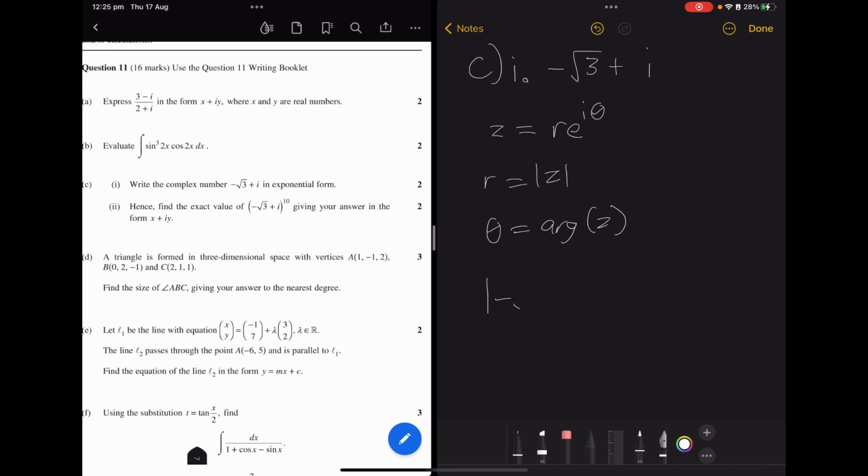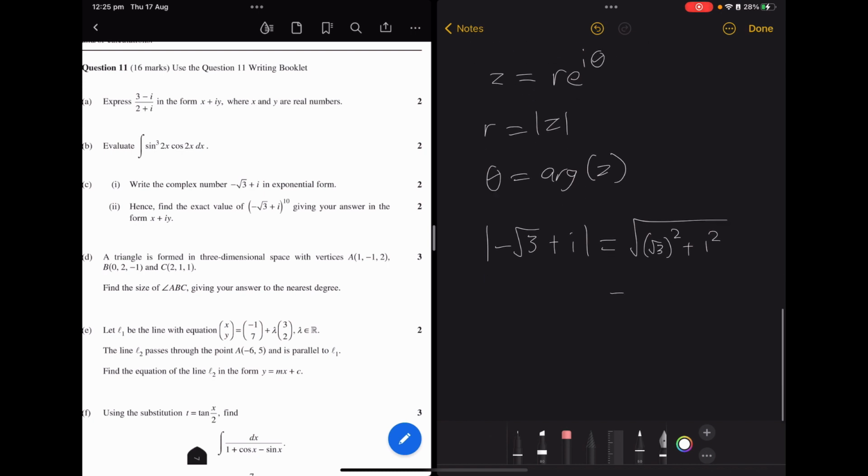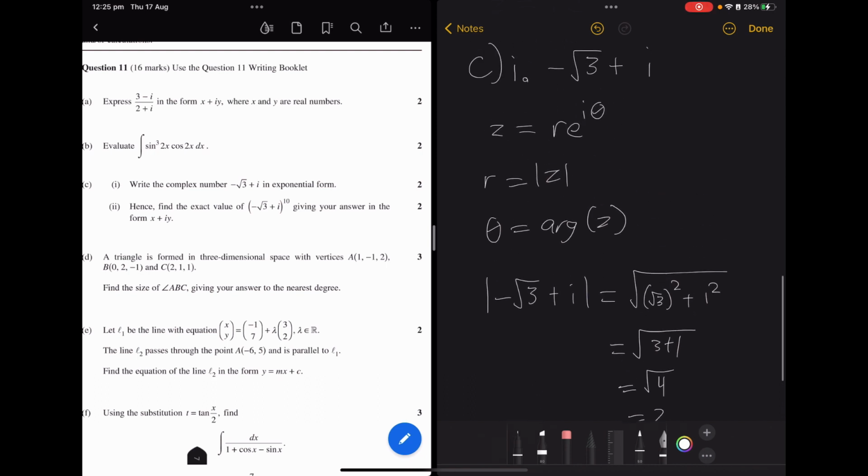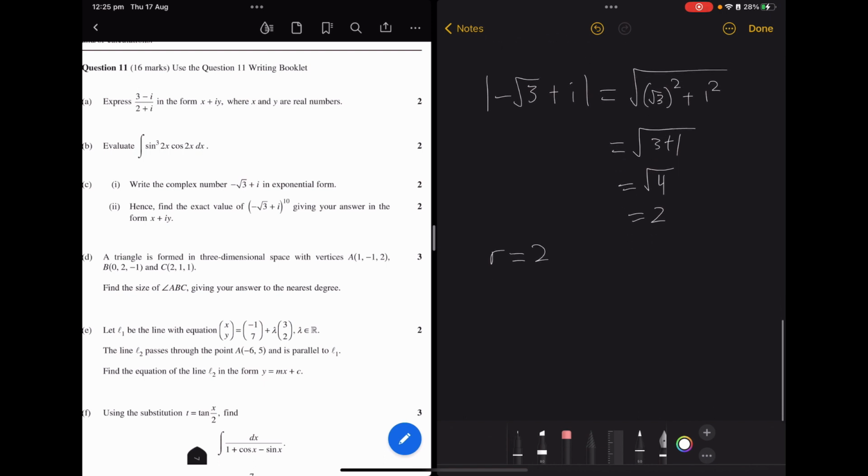The modulus of negative root 3 plus i is just going to be the square root of root 3 whole squared plus 1 squared. That is just going to be 3 plus 1, which is root 4, which is overall 2. So we know that the modulus, or r for the exponential form, is going to be equal to 2.